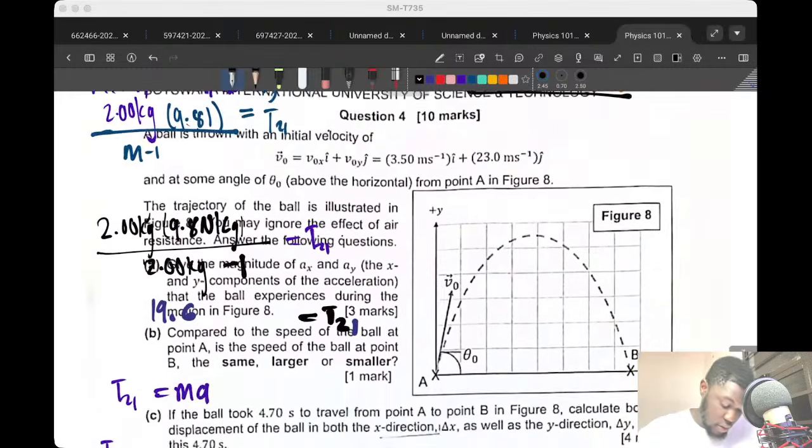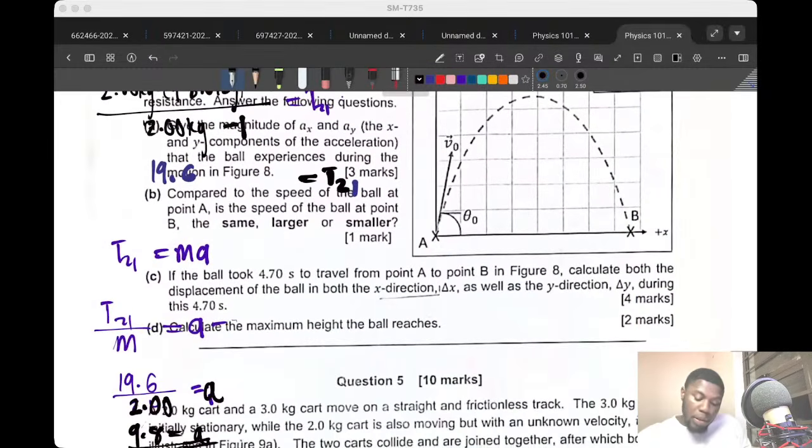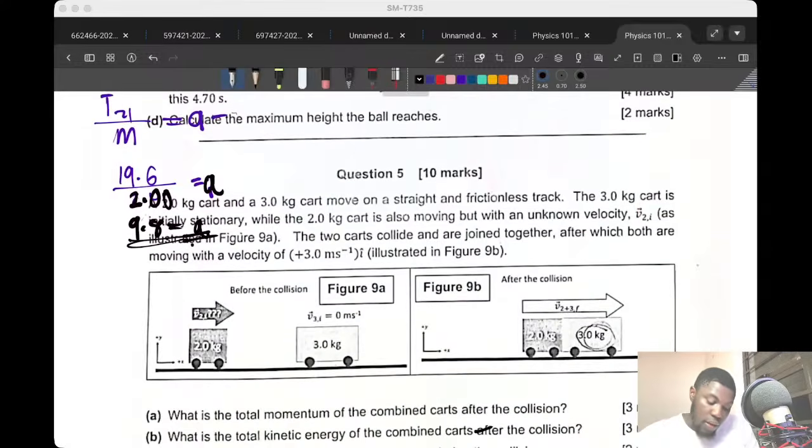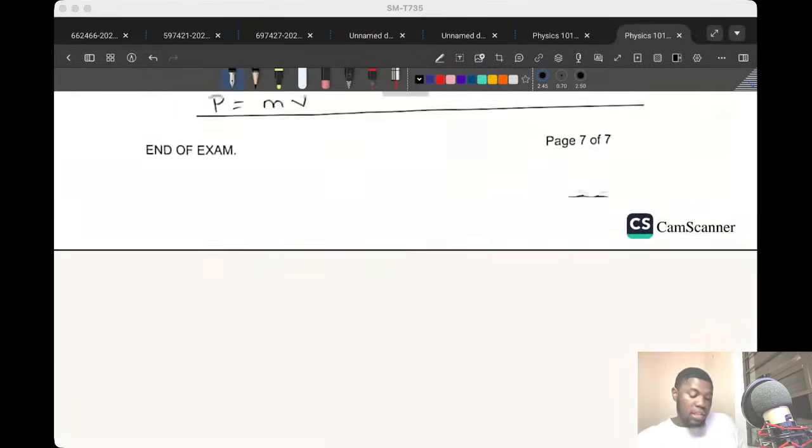Next one. Trajectory of the ball, blah, blah, blah. We'll do it. Here is one for collisions.